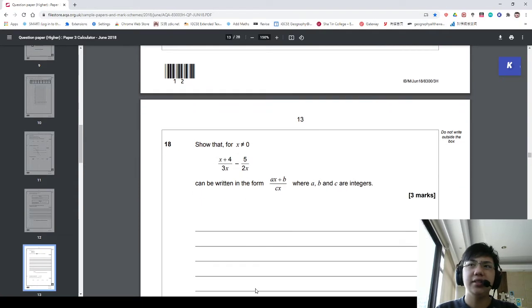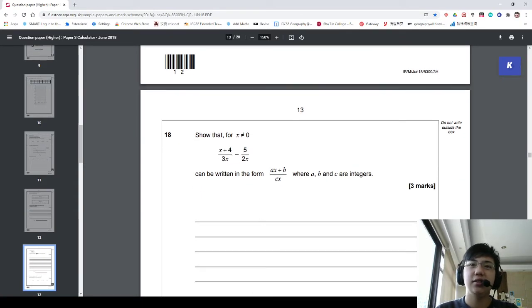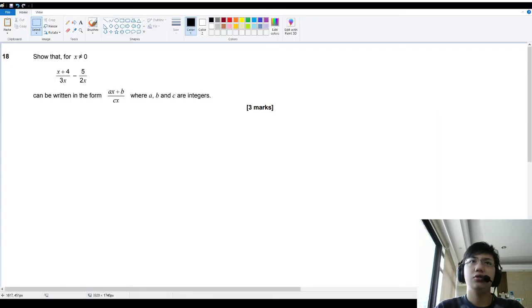Moving on to question 18, we need to show that for x not equal to 0, x plus 4 over 3x plus 5 over 2 minus 5 over 2x can be written in the form ax plus b over cx, where a, b, and c are integers, or basically whole numbers. So we can multiply both of the numerators and denominators so that we have the same denominator for both fractions.